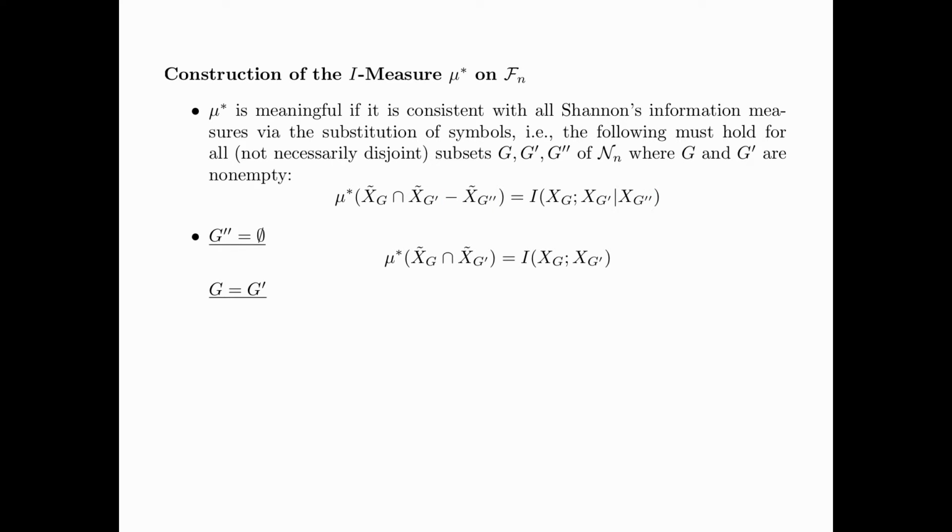When G is equal to G', X̃_G ∩ X̃_G' is equal to X̃_G, and X_G' is equal to X_G. So we have μ*(X̃_G − X̃_G'') is equal to H(X_G | X_G''). That is, μ* is consistent for conditional entropy.